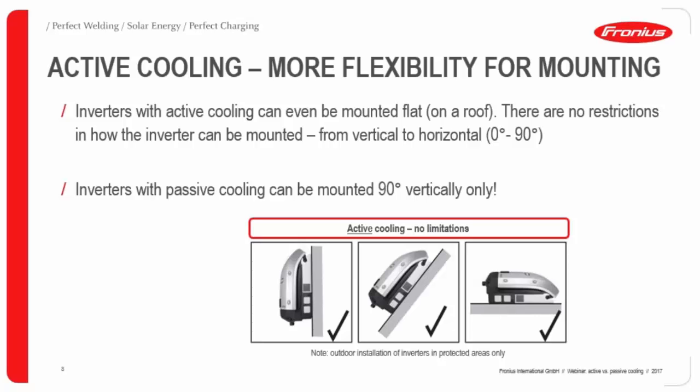But with passive cooling, usually they need to be mounted 90 degrees vertically only, because of the effects you need to create, like this chimney effect of convection cooling. It is really important to mount it vertically, otherwise the cooling wouldn't work, and that of course has an impact on the inverter.